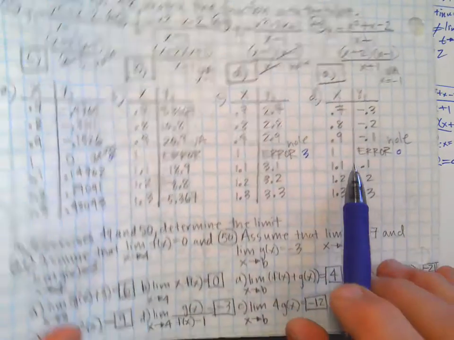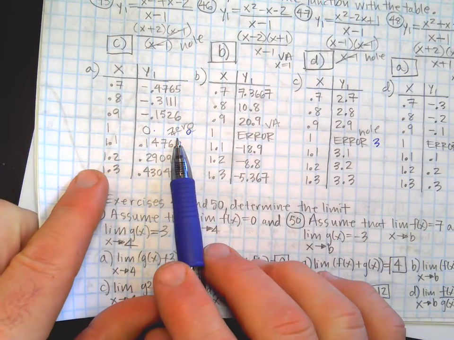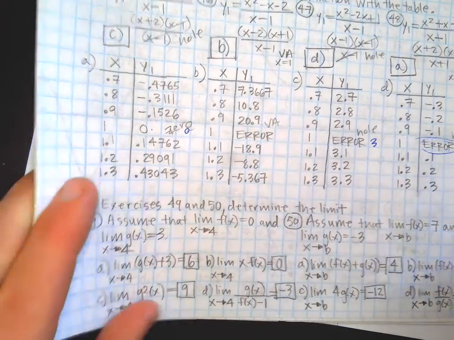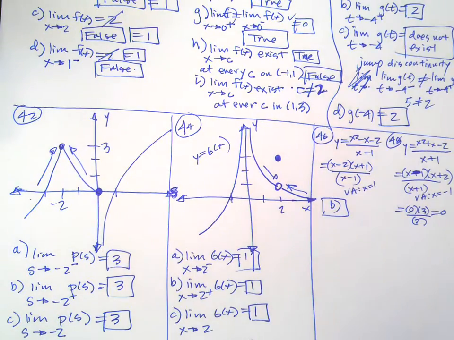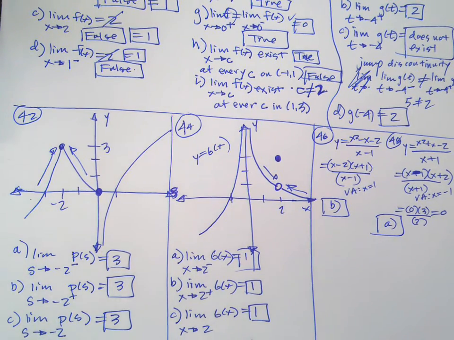So that would have to be A. A is the one that goes to 0 and doesn't give an error. This one's going to 0, but it's not defined there. So this one has to be A. So just a little bit of work, you can figure out which one's which.